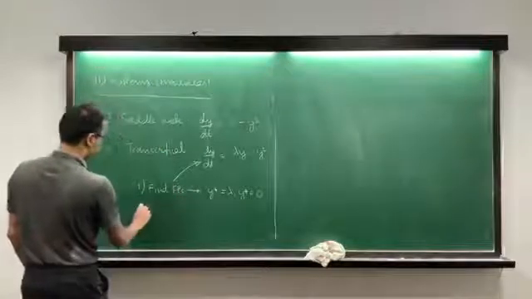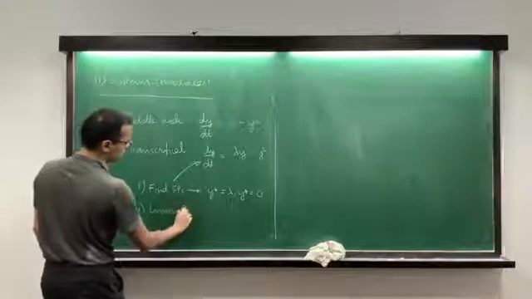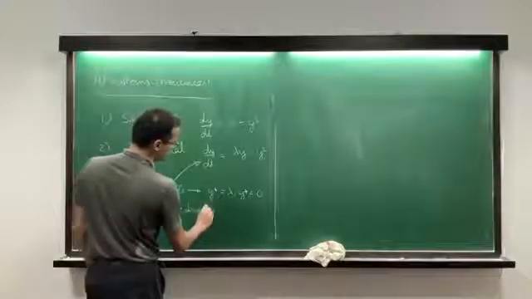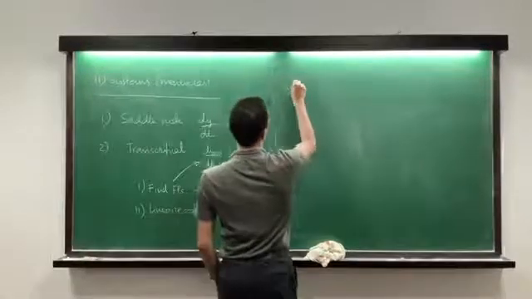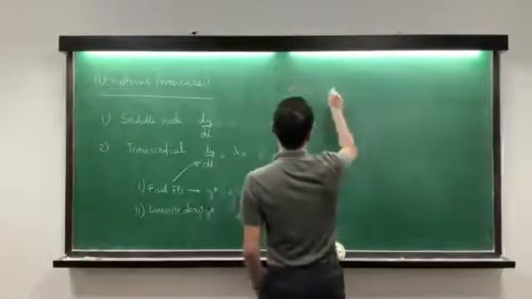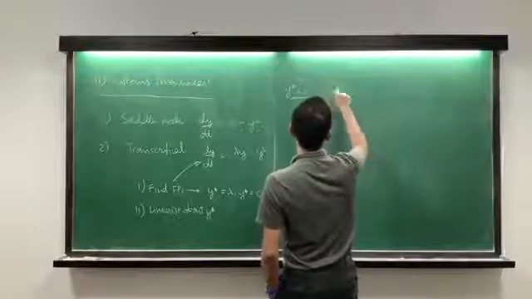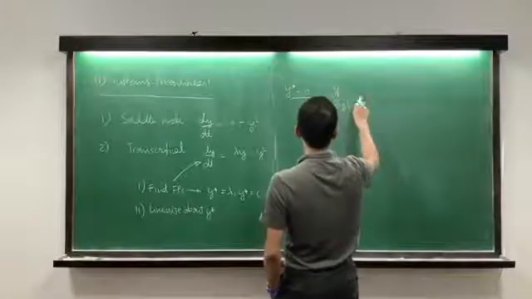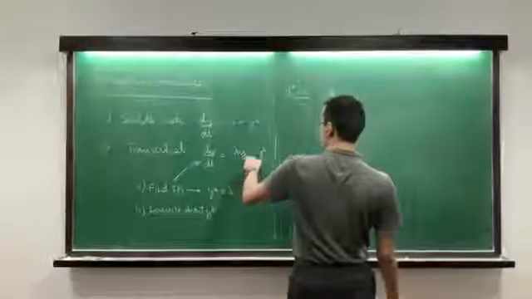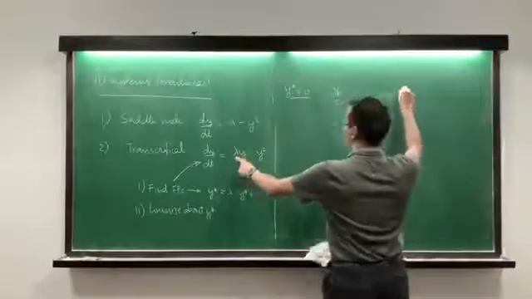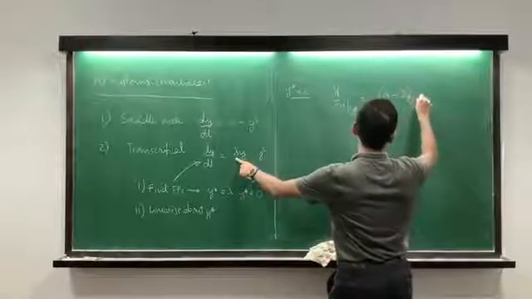And second step, linearize about the two y stars. So if I did that, then for y star equals 0, df by dy at y star is lambda minus 2 times y evaluated at y star equals 0.